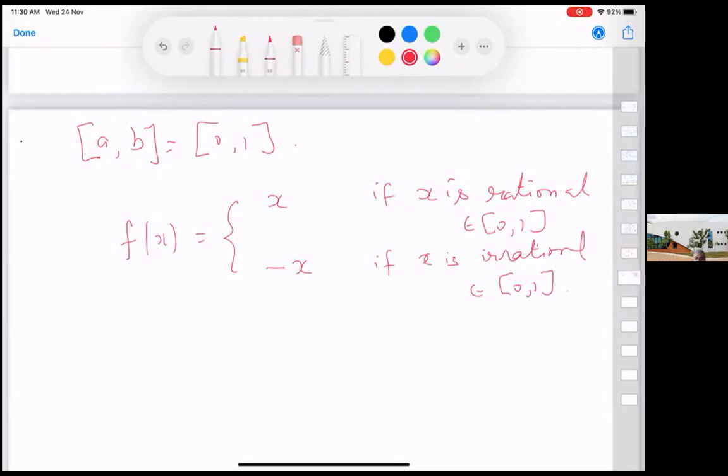So define f(x) to be x if it is rational, and equal to minus x if it is irrational.